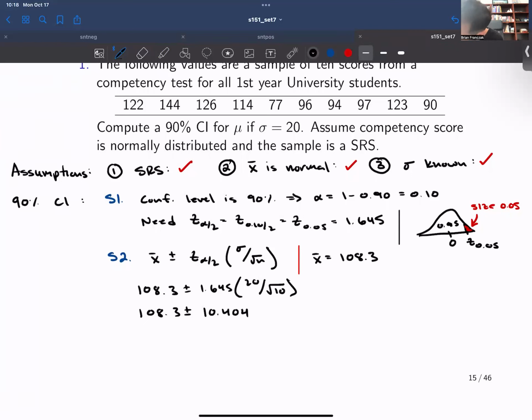This means that we have to go 108.3 minus 10.404 to 108.3 plus 10.404. So that means that our confidence interval has bounds 97.896 to 118.704.